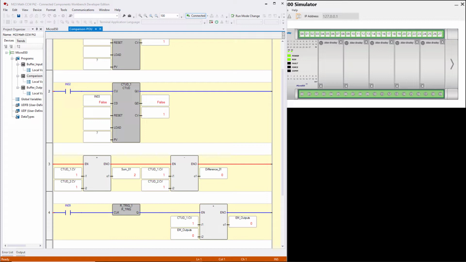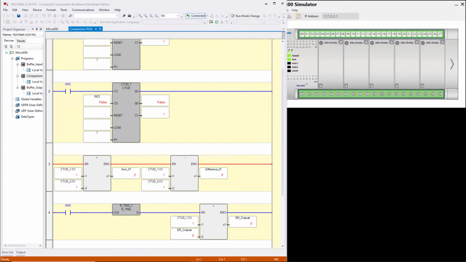Okay, here you see we've added a rising edge trigger between input 9 and the add instruction. Now keep in mind that the add instruction is going to add input 1 and input 2 on every true program scan.